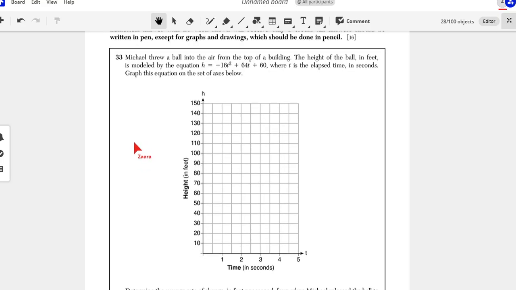Question number 13. Michelle threw a ball into the air from the top of a building. The height of the ball in feet is modeled by the equation h equals -16t squared plus 64t plus 60, where t is the elapsed time in seconds.